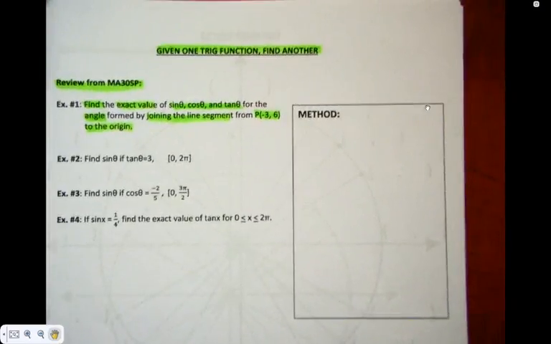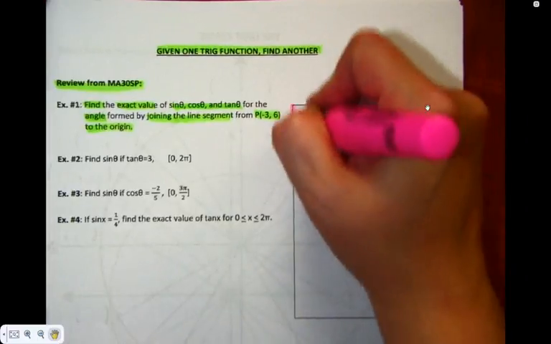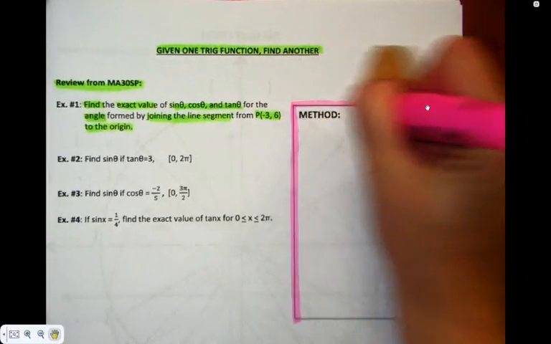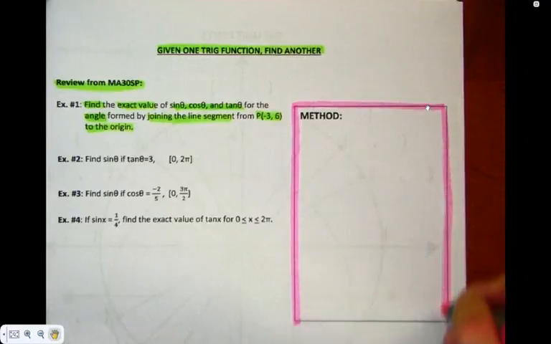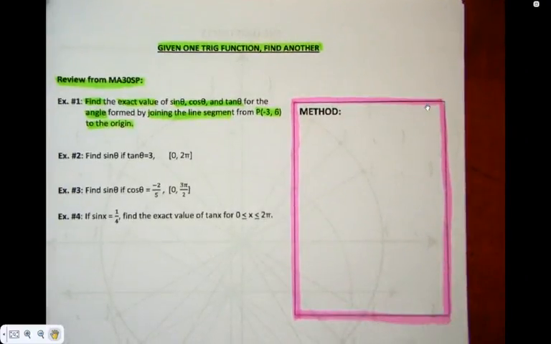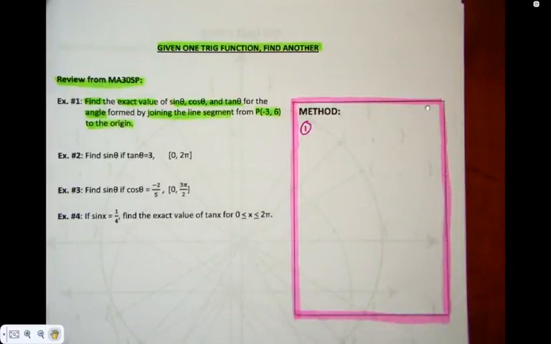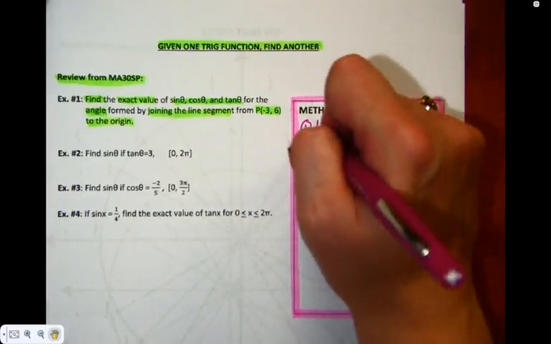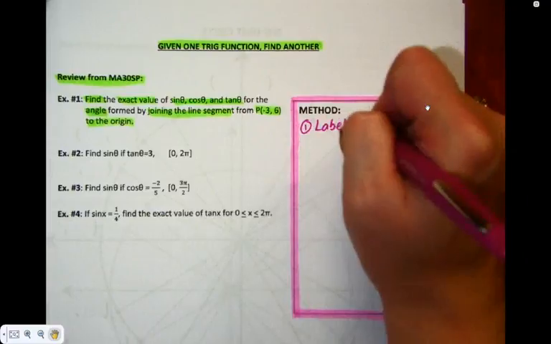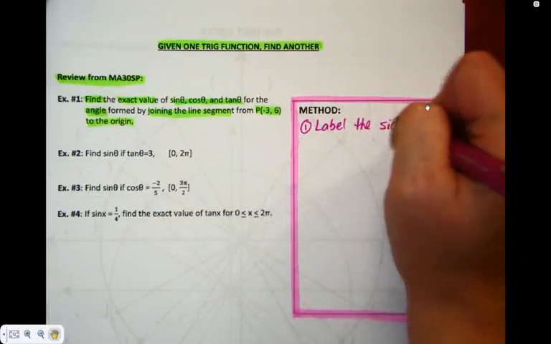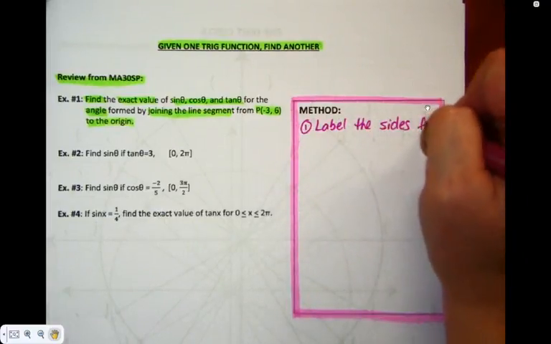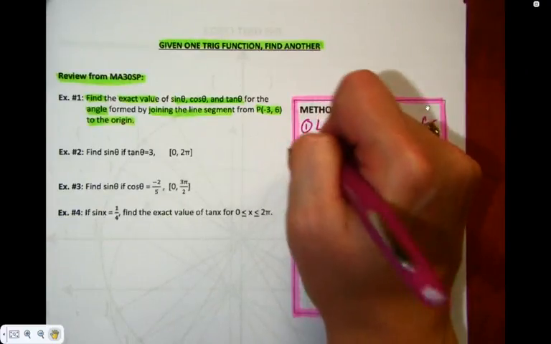I'm going to go to the method box, and for the wordy peeps, we'll get some methods down. Step number 1, label the sides for the given function.